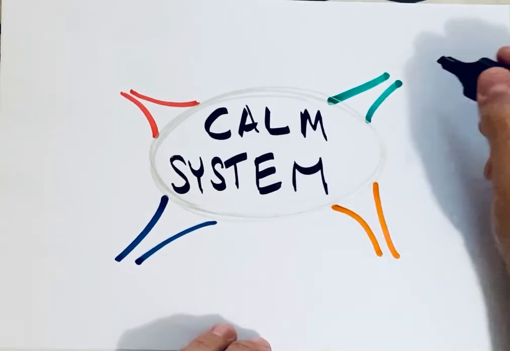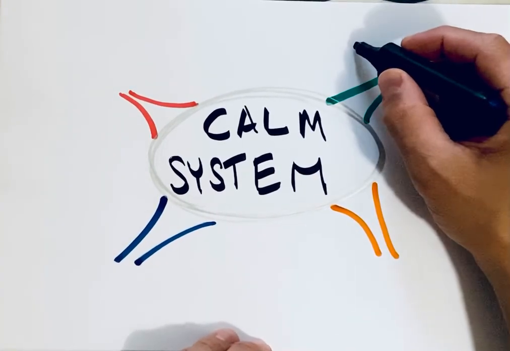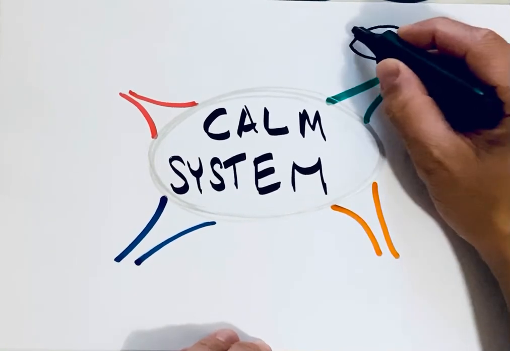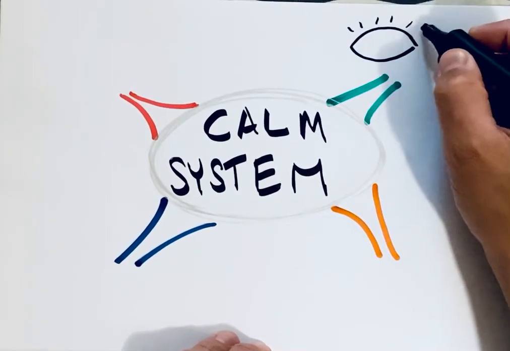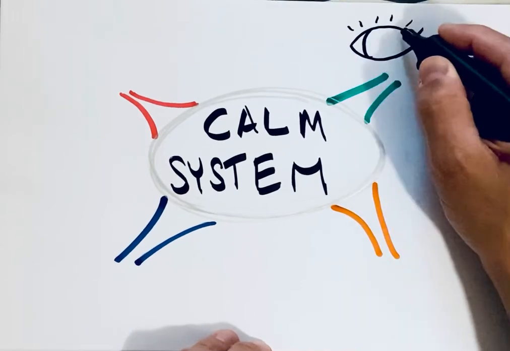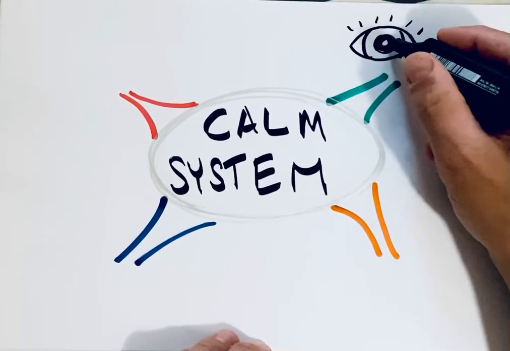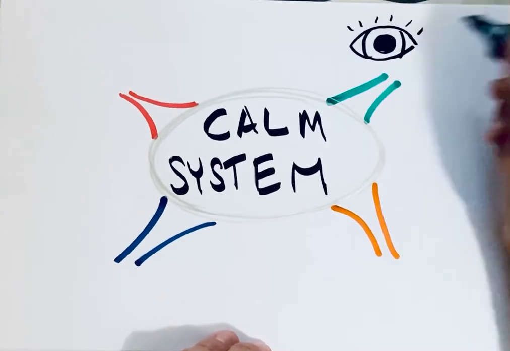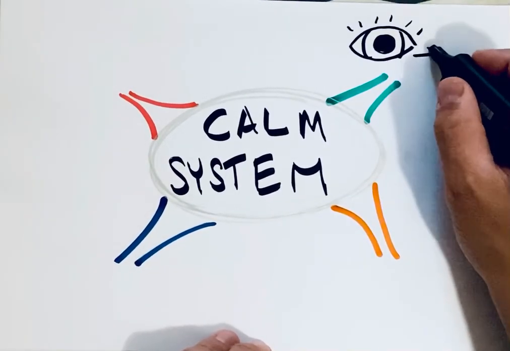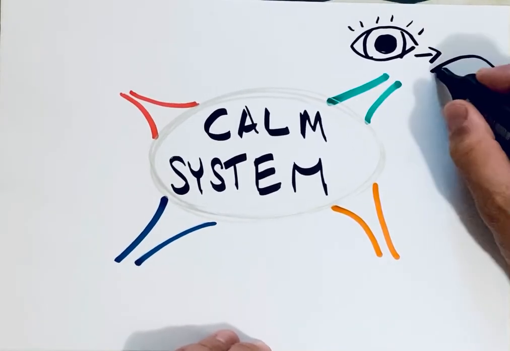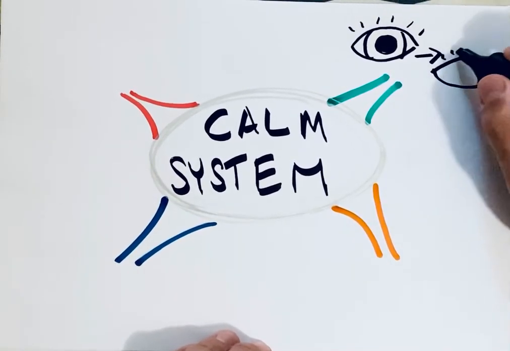Now, if you remember last time, we looked at the difference in the pupils, and we're going to do the same thing again. So now we're going to invert the order. We're going to draw our nice little eyelashes. And now we're going to go from a pupil that's very big, and we're going to draw a little arrow, and we're going to draw another eye that's more normal size pupil.